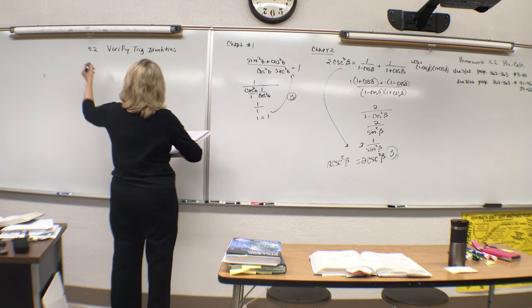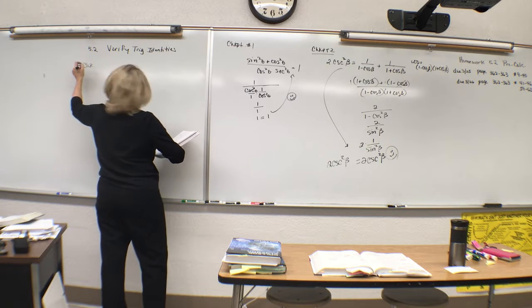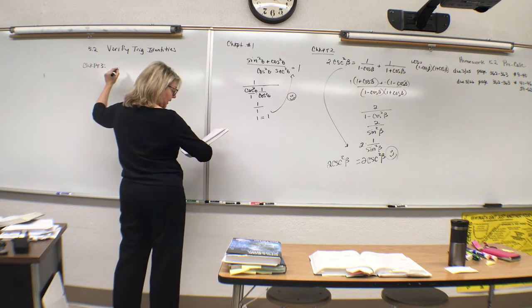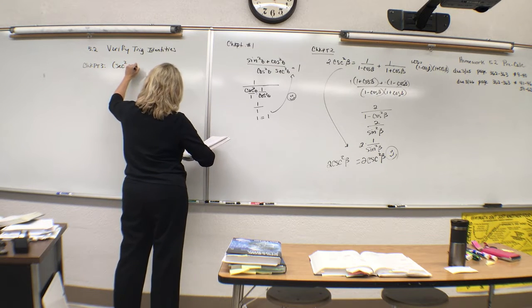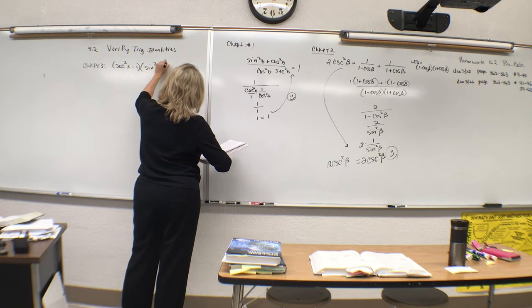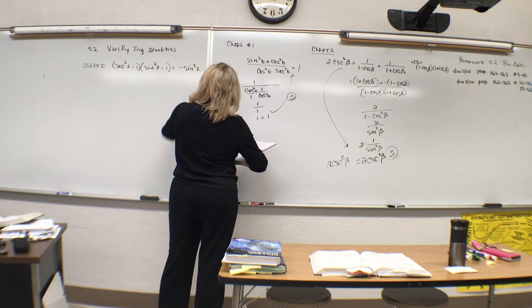Checkpoint number 3 says we've got some Pythagorean expressions that we're going to need to manipulate. Here we have secant squared x minus 1, and we have sine squared x minus 1 equaling the opposite of sine squared x.